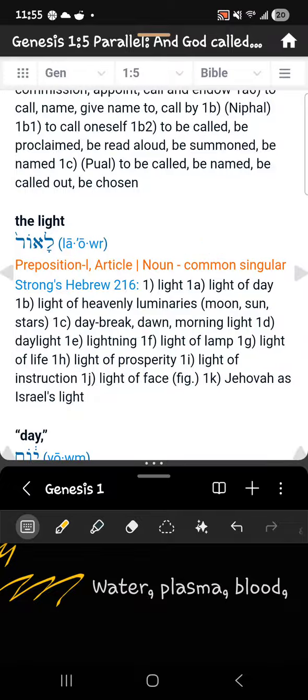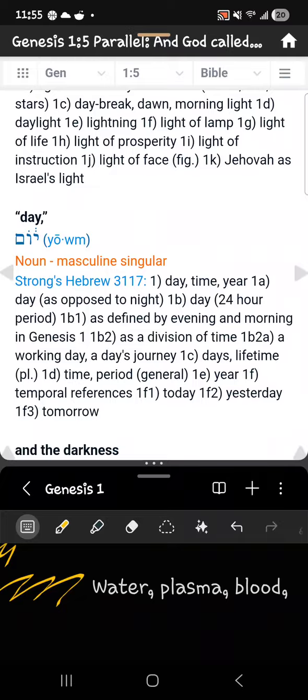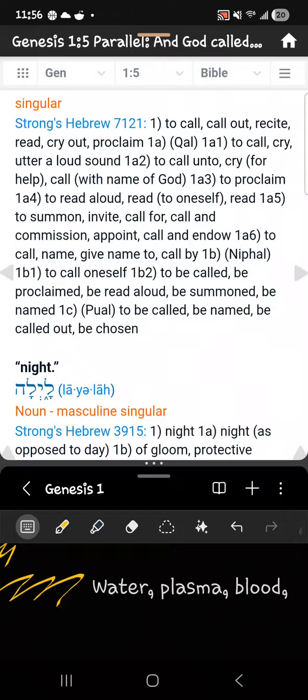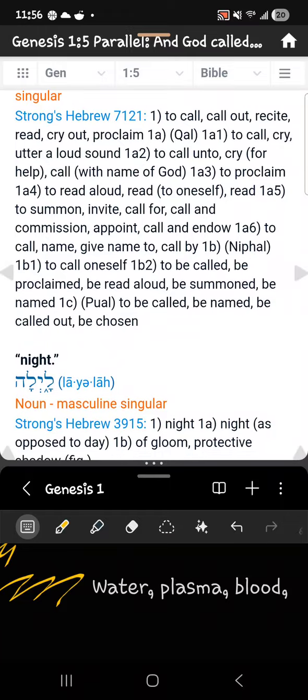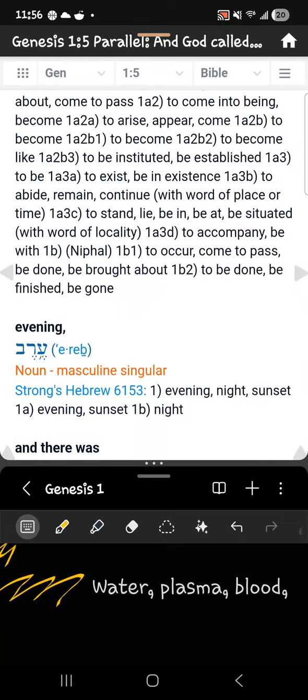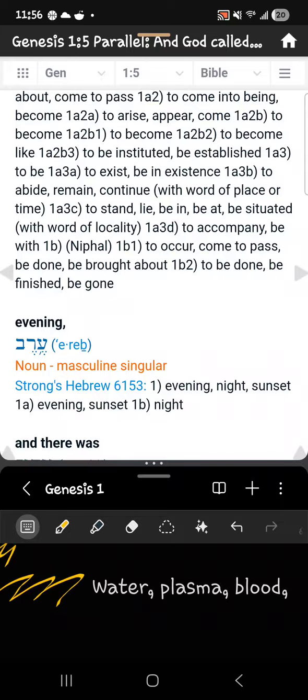So he called for the light yawam, day. The light is day. And he called la khashak, the darkness, qara'a, he cried out, he proclaimed, layla, night. Wa yahaya arab. And there was evening.